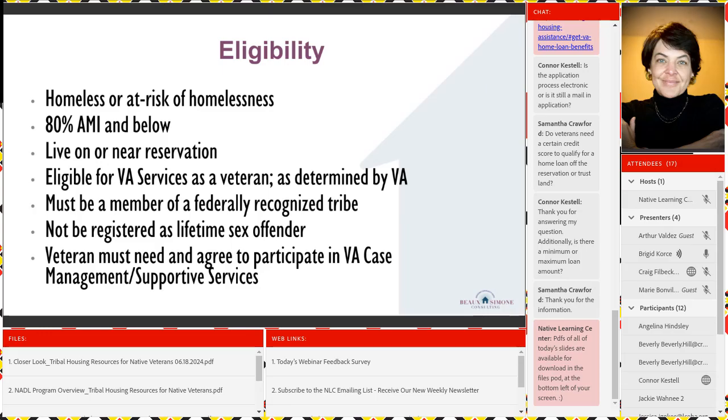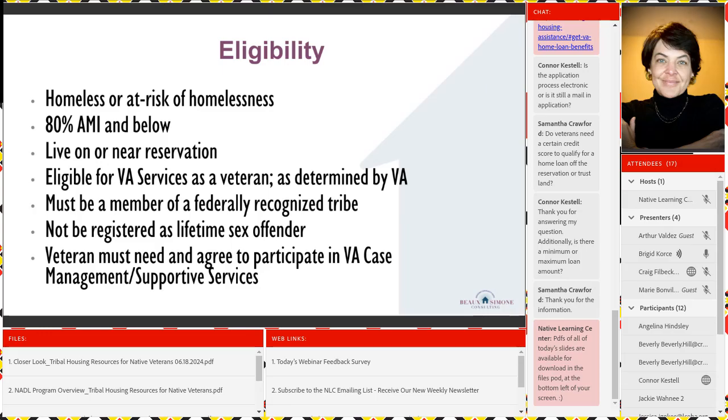So whether you've evicted them before, they owe you money, or they have a criminal background, the expectation is that we're using a housing first lens, meaning that we are giving people another chance to become housed because we know they have the supportive services. So we're giving them that additional chance to remain housed and to get into housing. We're not going to have a bunch of barriers for them.